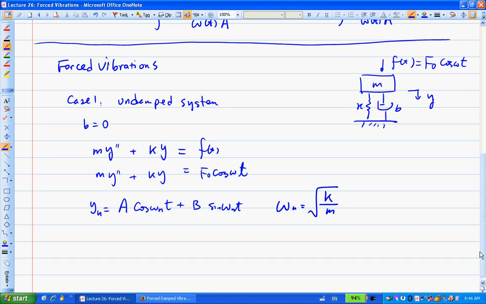So the information of this different amplitude and different phase will give you a sense of the characteristics of the system. What do we mean by the characteristics of a system? Some systems respond fast, and some systems respond slow. So how do we characterize this concept of fast or slow?